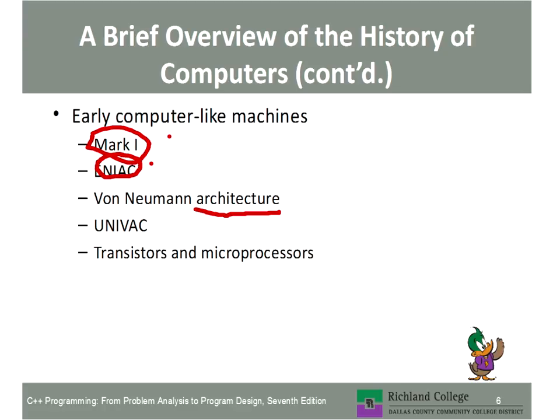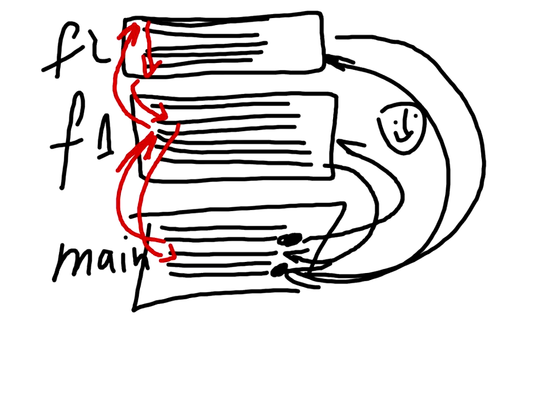And then we had UNIVAC, which was a commercial venture, a for-profit organization that created their computer. And then with transistors and microprocessors, we had faster computing, basically.